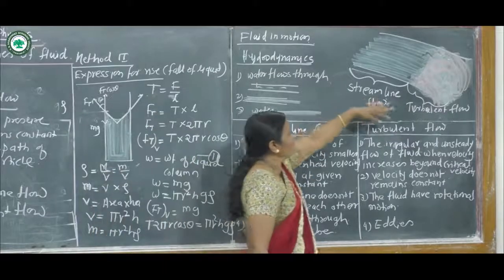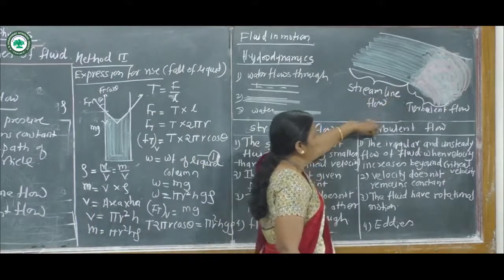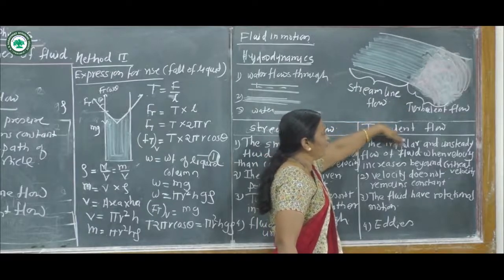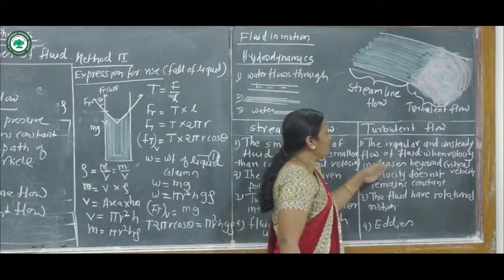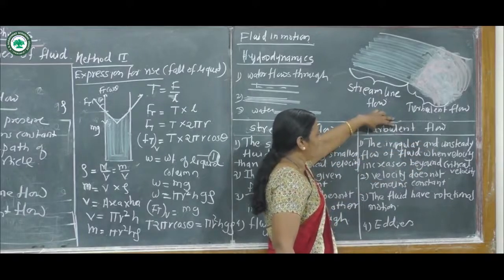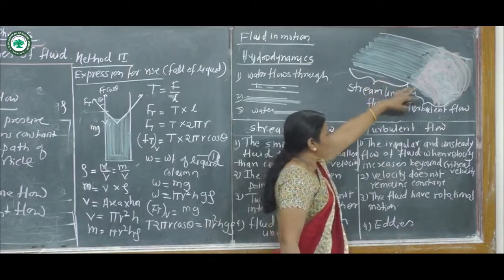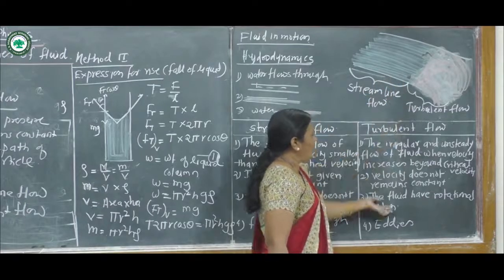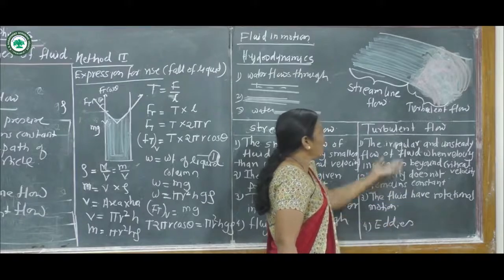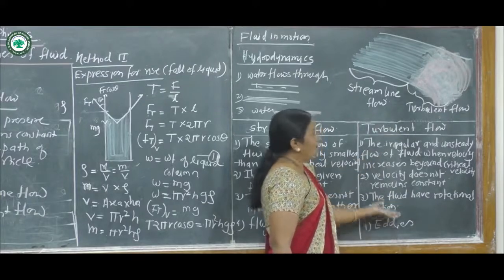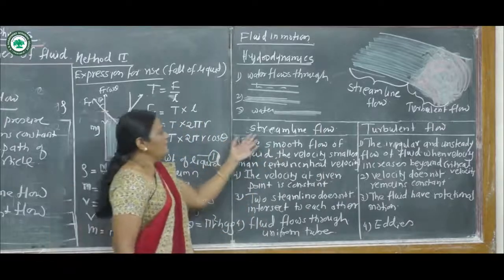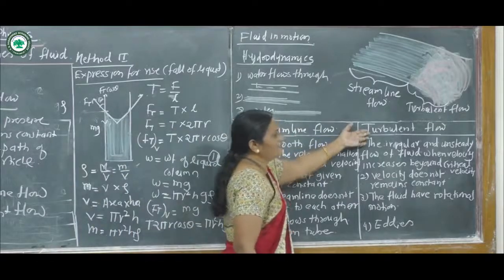Now in turbulent flow, it is the irregular and unsteady flow of the fluid. The velocity increases beyond the critical velocity. The velocity does not remain constant here and the fluid has irrotational or rotational motion. Then we can distinguish between streamline flow and turbulent flow.